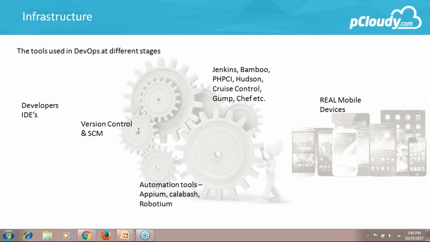But if you are using the pCloudy platform, for example, then it is irrespective whether you are using Windows platform locally or you are using Ubuntu or Mac. You can use any platform, any operating system, and you can still use pCloudy to automate and run your iOS automation on any iOS devices on pCloudy.